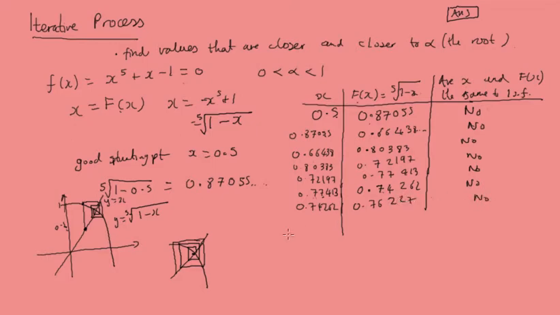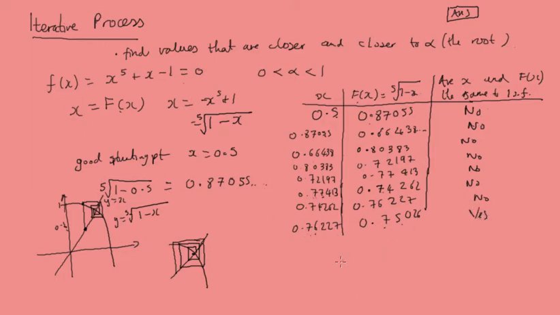That's still a no. Now 0.76227 will become 0.75026. Now that rounds to 0.8, and this also rounds to 0.8, so that is a yes.